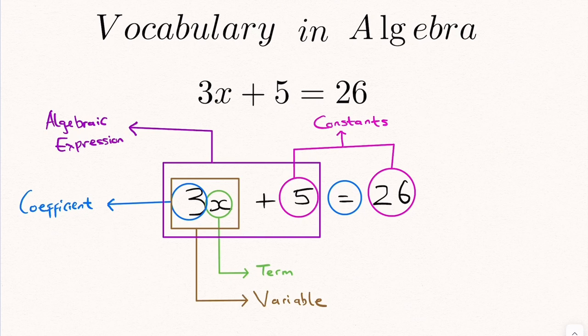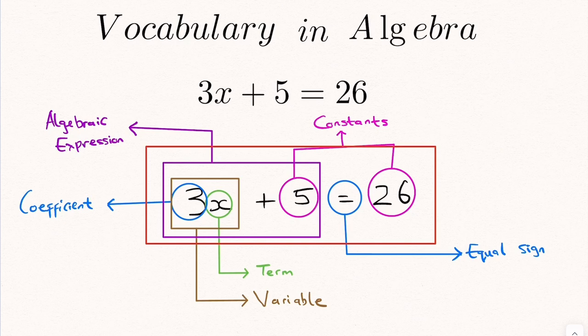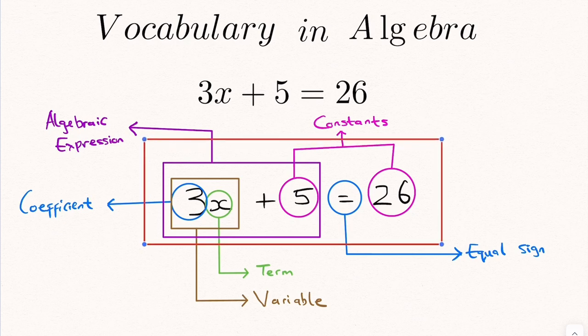I'm going to label this one as an equal sign because it's very important. Now, everything in its entirety, if I box everything up in a nice rectangle, what I'm going to have here is an algebraic equation.